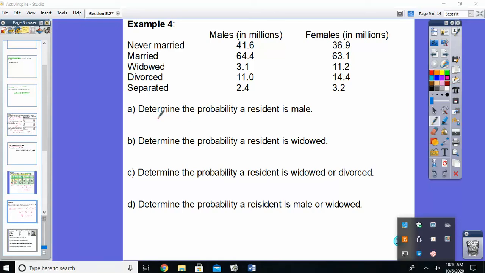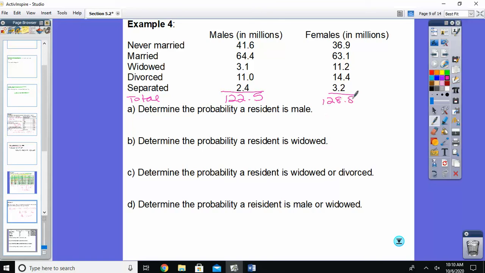So what am I going to have to do? Add up all the males. So let's just make some totals here real quick. And then altogether, if I add those up, we were looking at 251.3 million.